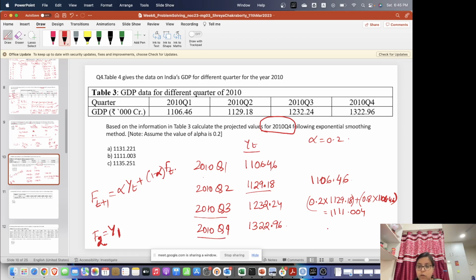For quarter 4, what will be the projected value? It will be alpha into this quarter's value, 1232.24, plus 0.8 into 1111.004.